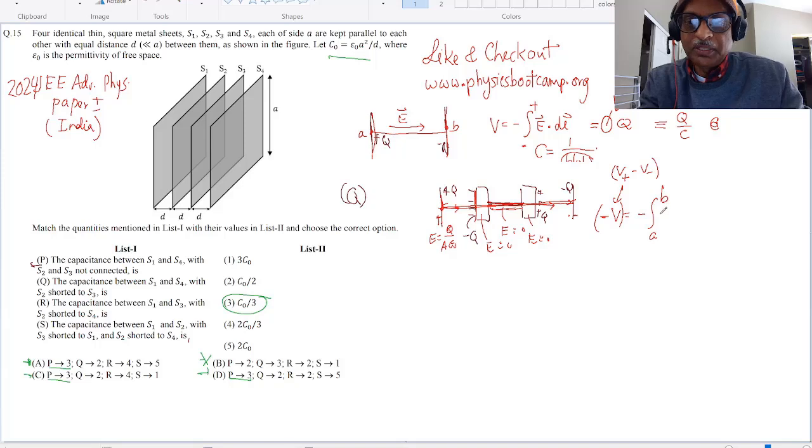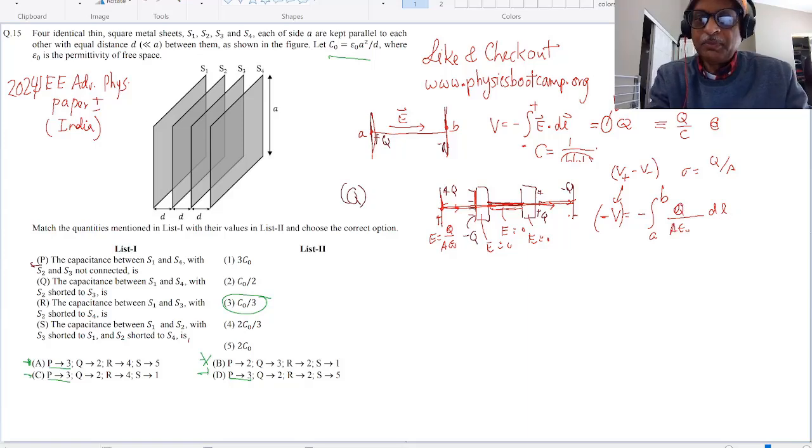Okay, so A to B, and I'm going to get sigma over epsilon naught dl, where sigma is Q over A, and dl goes from A to R1 and then R2 to B. So A to R1 will be that.